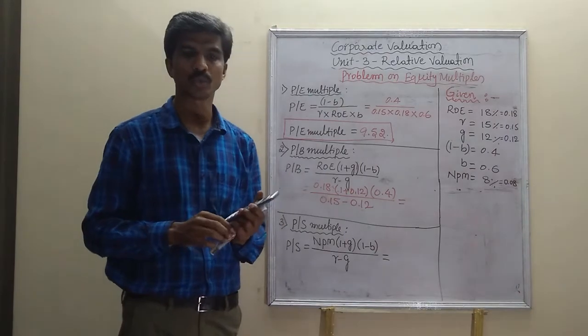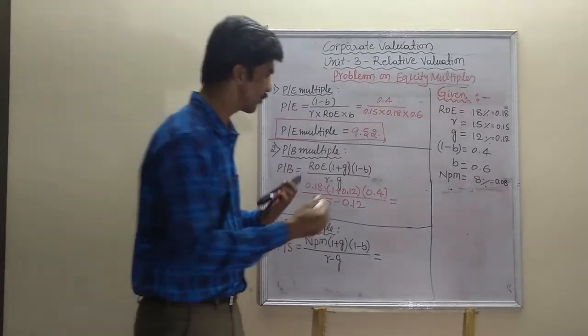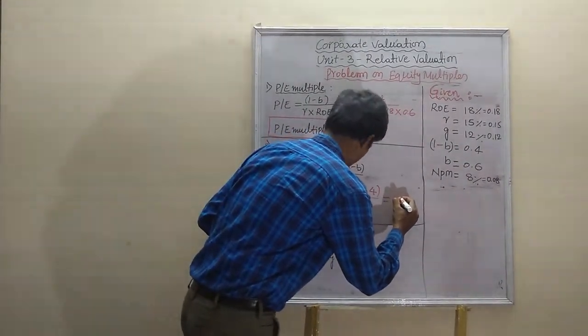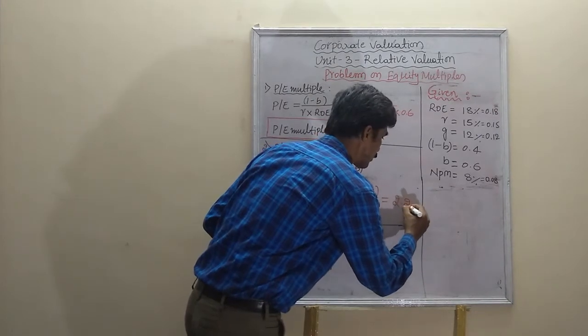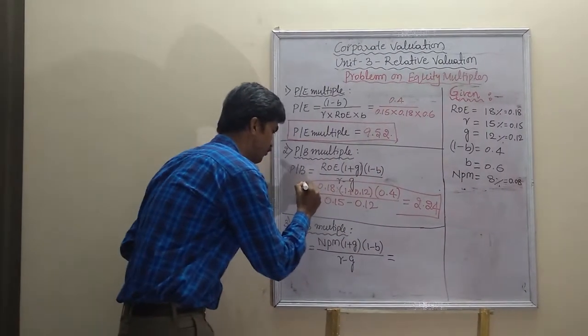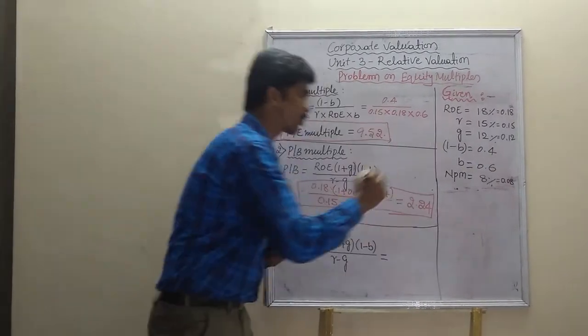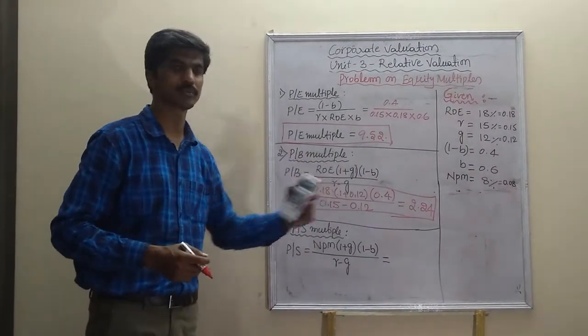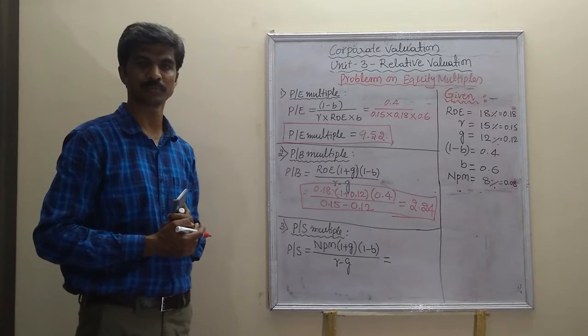This is going to be 2.24, we get the value. 2.24 is the PB multiple value of this problem.